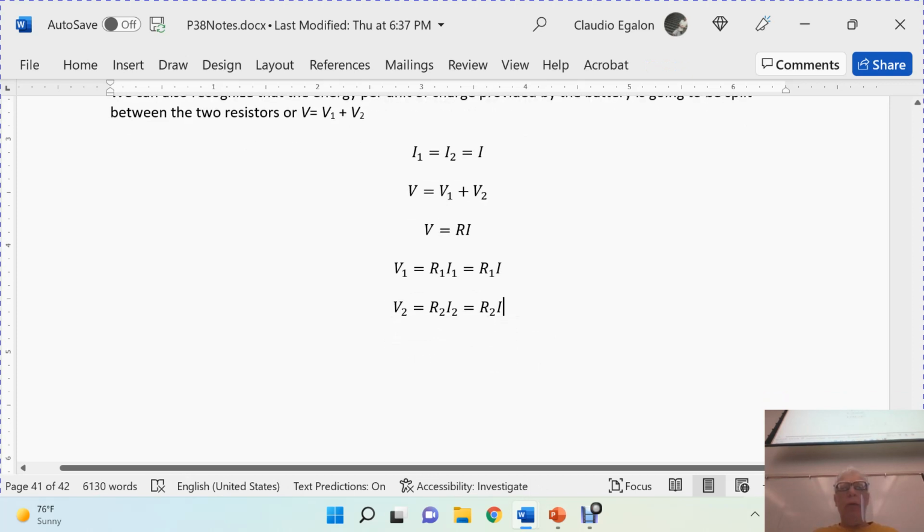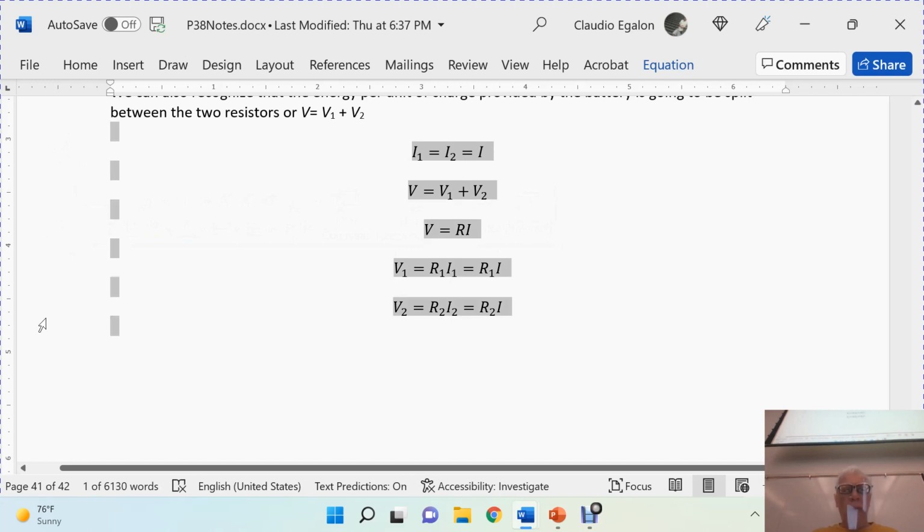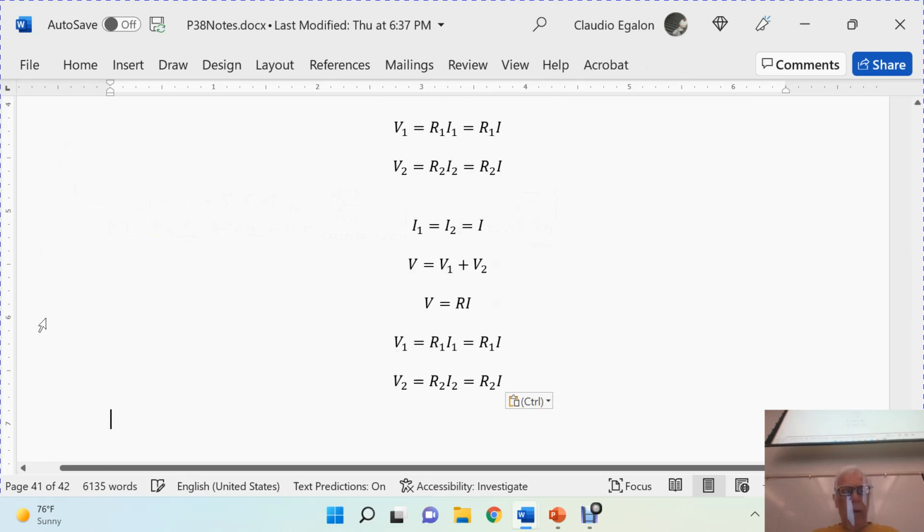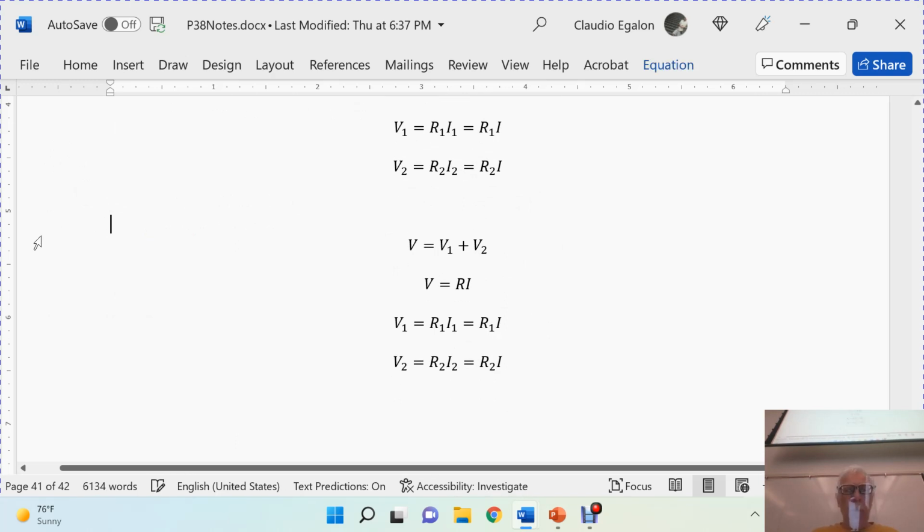So what we have, 1, 2, 3, 4, 5. We have used this equation, first this one, and then this one here. So all those 5 equations are now reduced to 3 equations, and we can start to finish our problem.